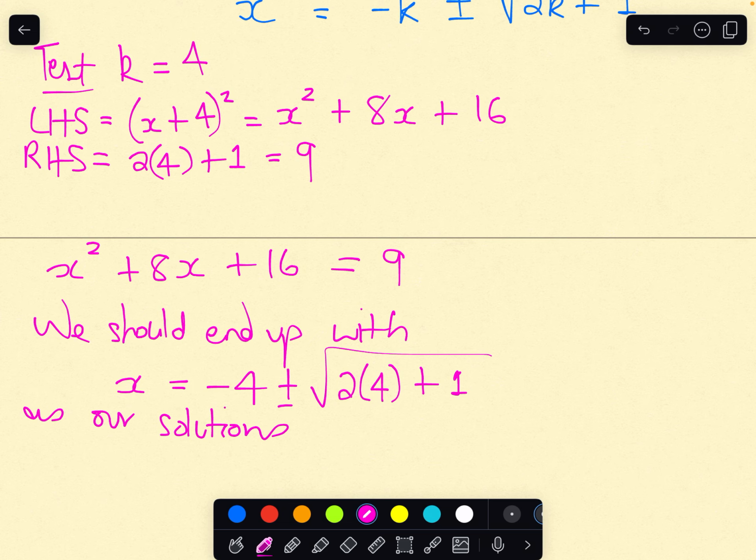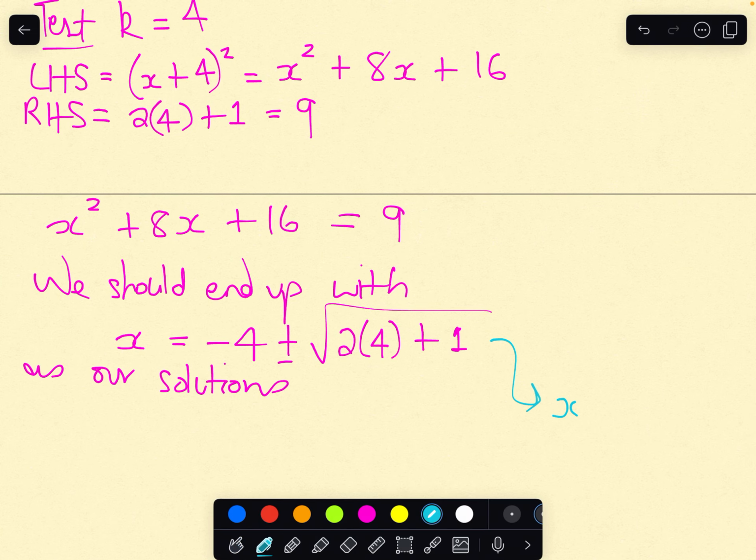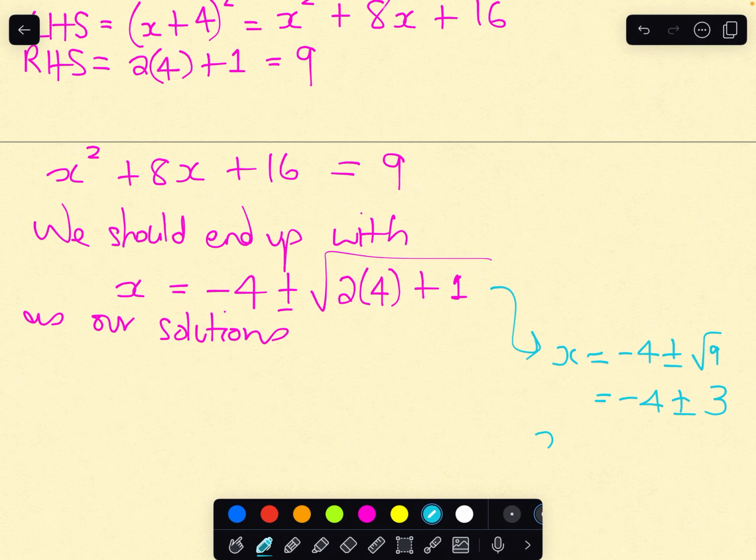And what are those actually? That is x = −4 ± √9, which is −4 ± 3. So either x is −4 + 3 or x is −4 − 3. These are the two solutions we should end up with.